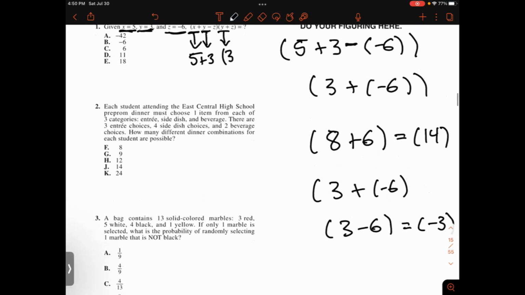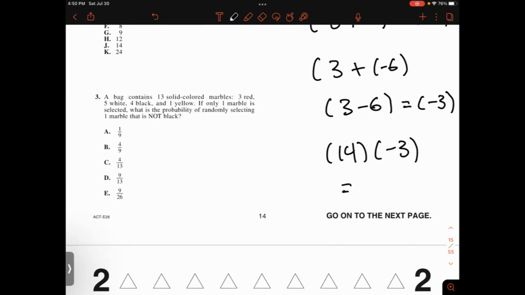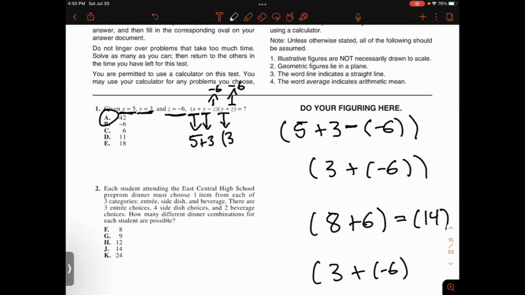So this becomes 14 times -3. You could plug this in the calculator, do mental math, or do it on paper. Either way, you still get that the answer is -42, and that is A.